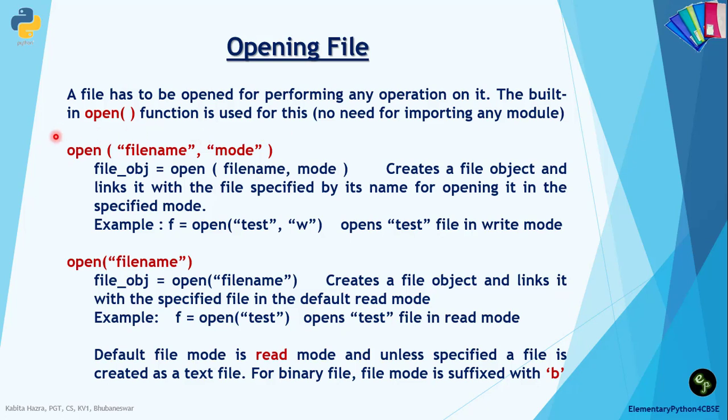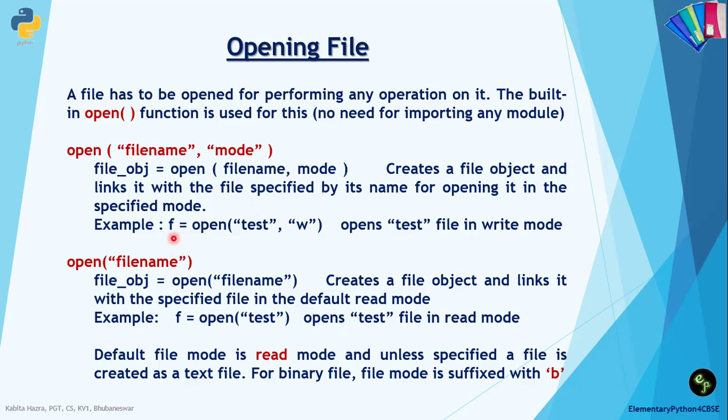The basic syntax for opening a file is that we have to specify the file name and the mode with which we want to open the file with the open function. Whenever we open a file for performing any operation, we are actually creating a file object or a file handler, and this file object links the file specified by the file name, and it is opened depending upon the specific mode.